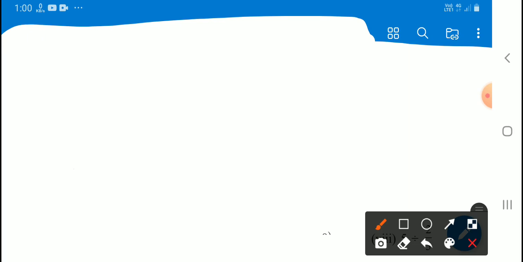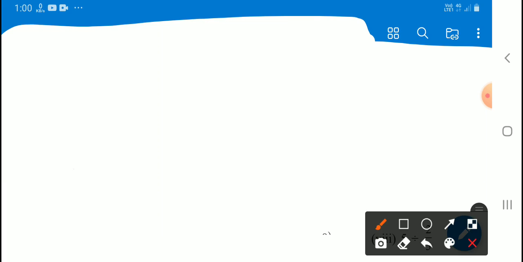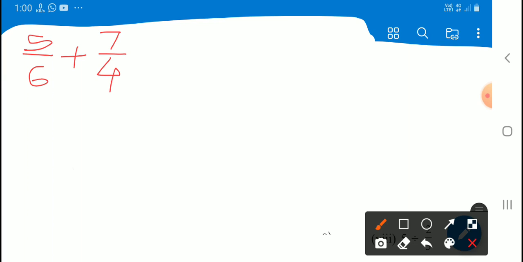So, we will solve here. I will write here an example: 5 upon 6 plus 7 upon 4. Okay. We have to add this.